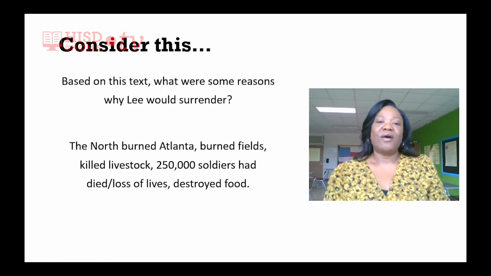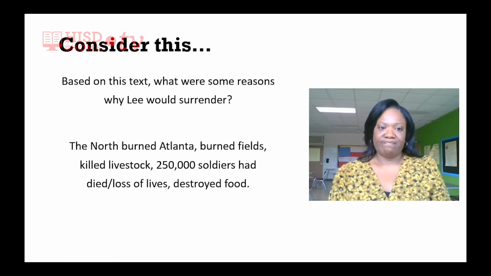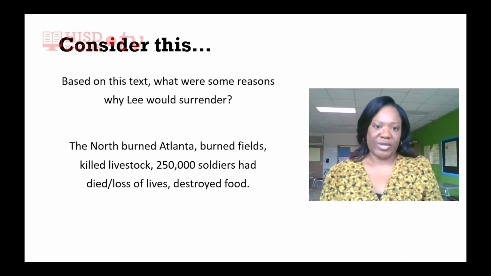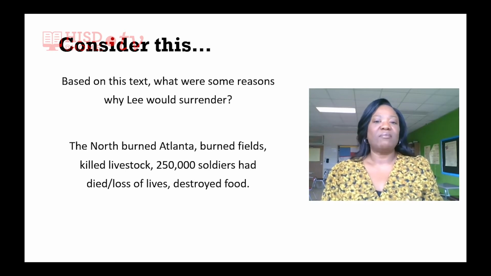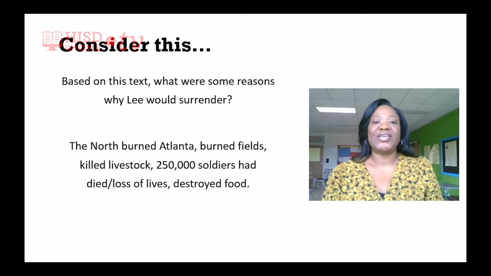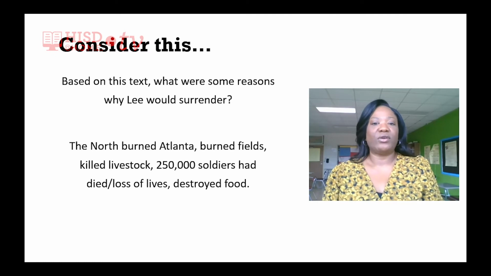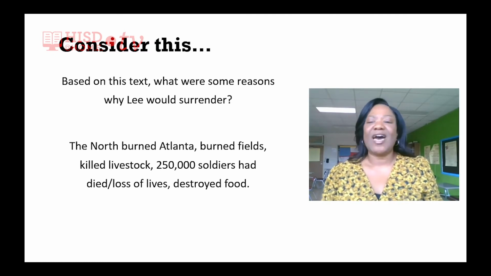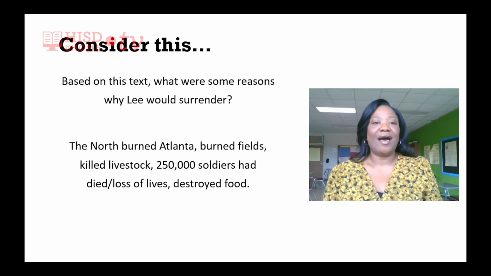So I want you to consider this. Based on what we just read, what were some of the reasons why Lee would surrender? Well, you have the North burned Atlanta. They burned the fields. They killed livestock. 250,000 soldiers had died, loss of lives.